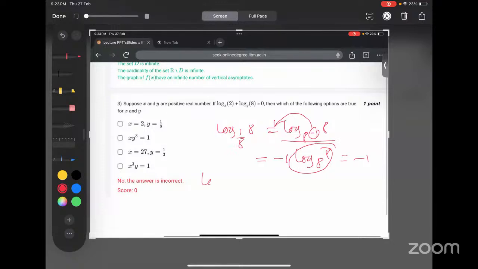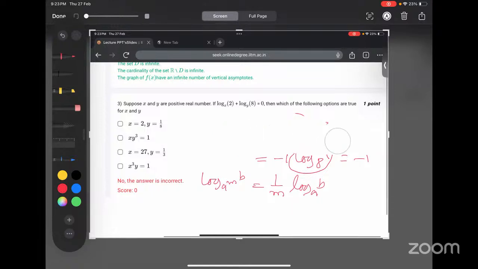So it is a formula. If you have a power m on the base b, then it will be 1 over m times log base b of a. And how can we prove it? Simple, using the change of base rule. If I have log base b to the power m of a, we can write it as 1 over log a base b to the power m, then we can take this m out here.